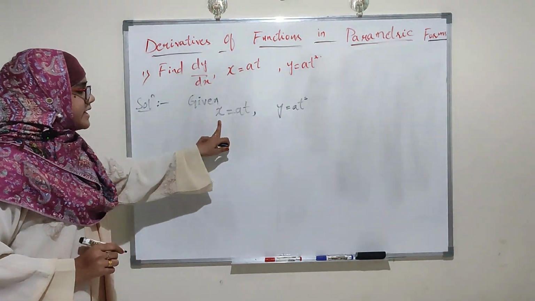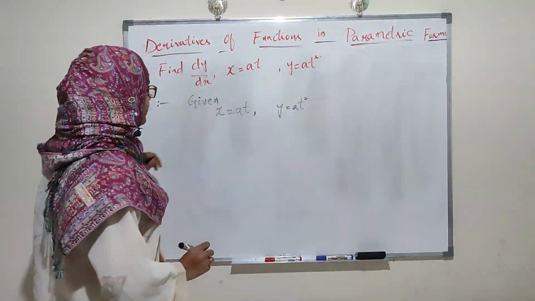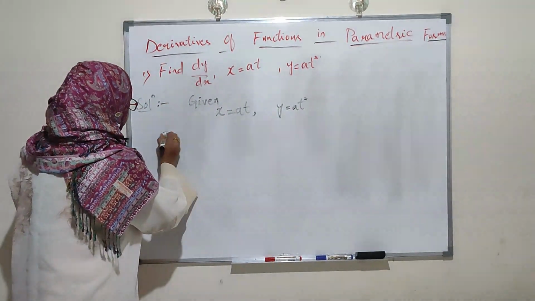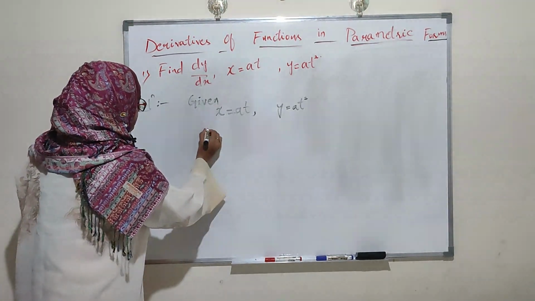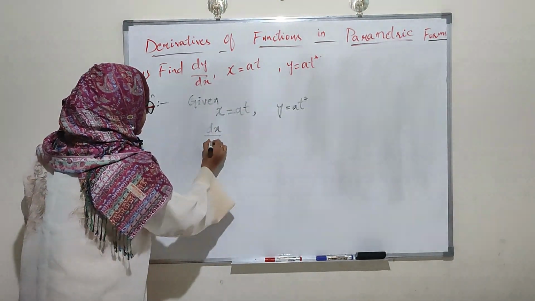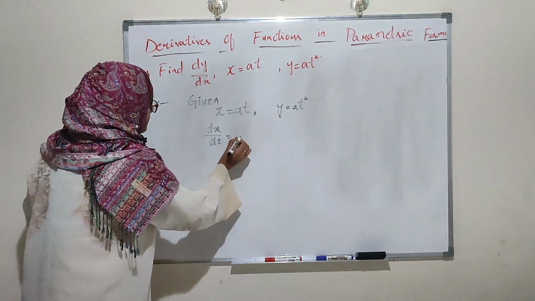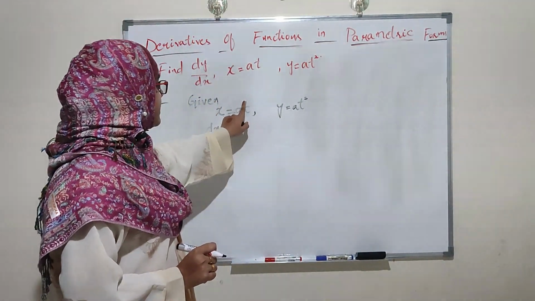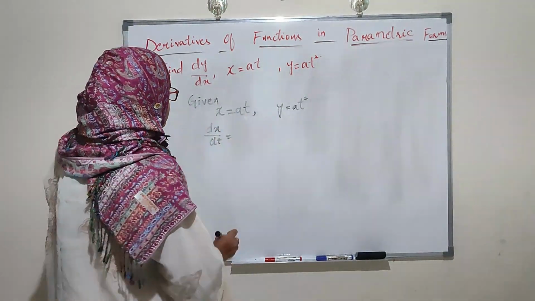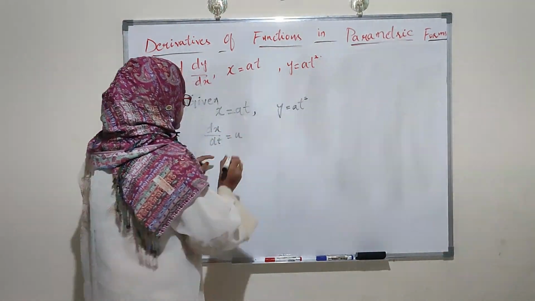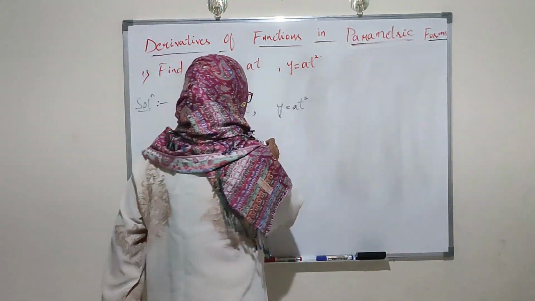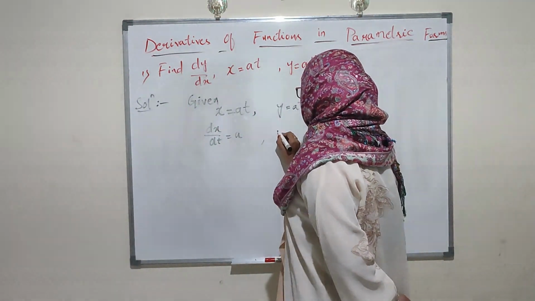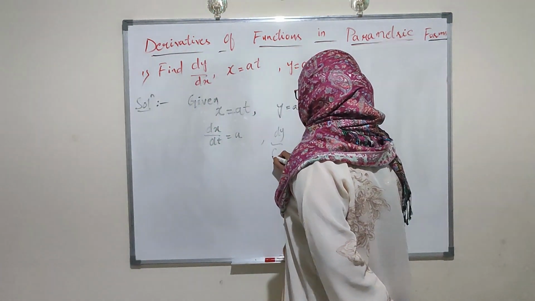Now differentiate x and y with respect to t. Differentiating both with respect to t, we get dx by dt as, what is the differentiation of one algebraic term? We get t differentiation as 1. That's why it is simply a. Now what is the differentiation of y? dy by dt.